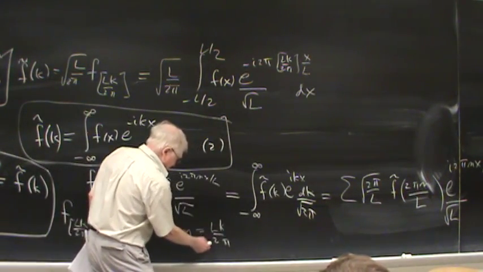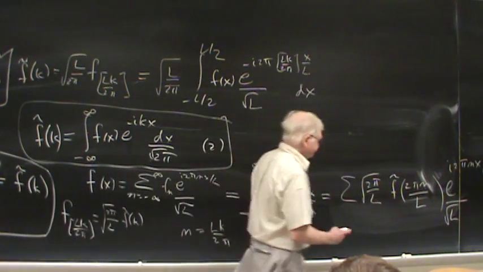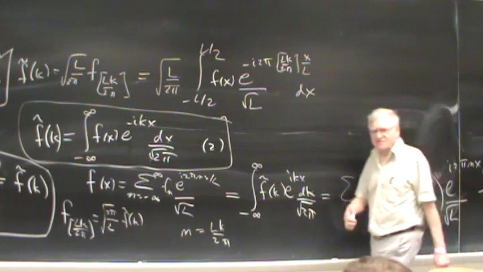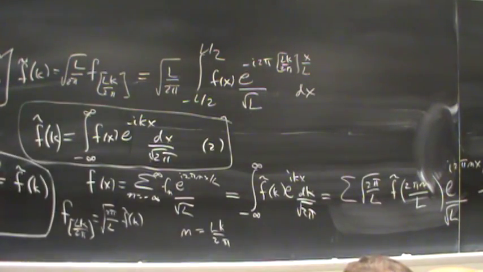And of course, using this relation, k is 2 pi n over L. And so this is square root of 2 pi over L, sum on n, f tilde of 2 pi n over L, e to the i 2 pi n x over L, right? And yeah, that's equation 3.13. Okay, so I've done it a little bit differently since I ad-libbed it.